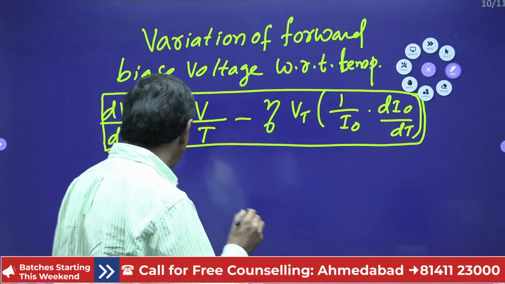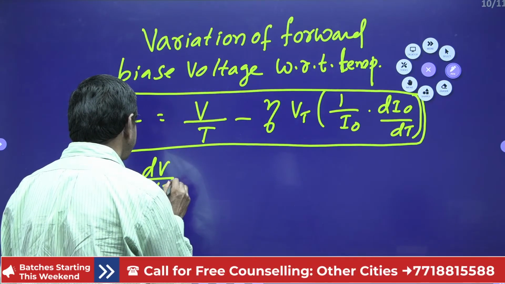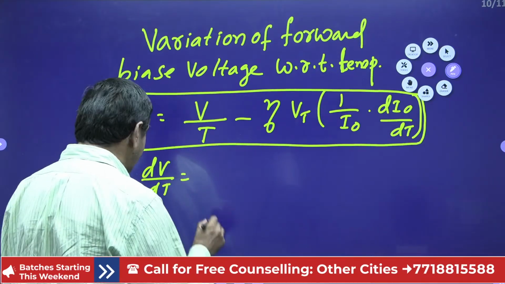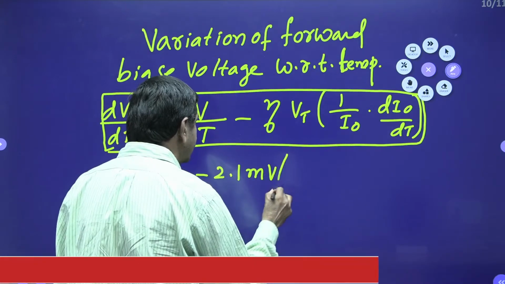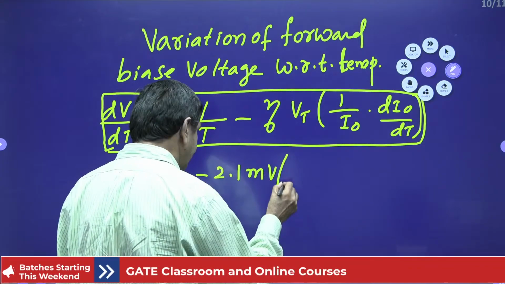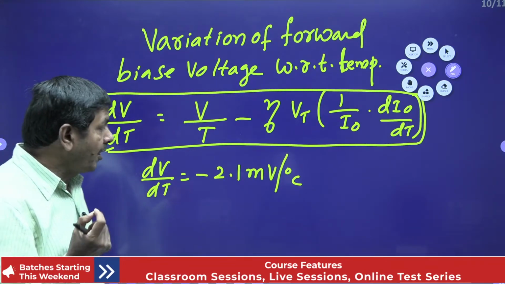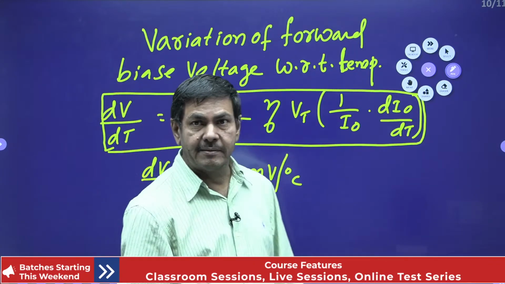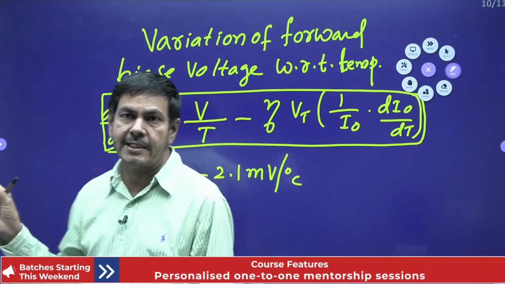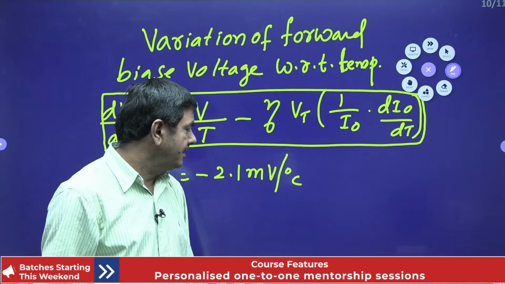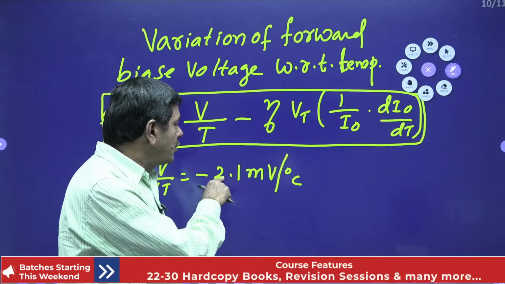I say dV by dT is taken as minus 2.1 millivolts per degree centigrade. For every 1 degree centigrade, 2.1 millivolts will be reducing. Reducing is indicated by the minus sign. For every 1 degree centigrade rise in temperature, the voltage across the diode decreases by 2.1 millivolts.